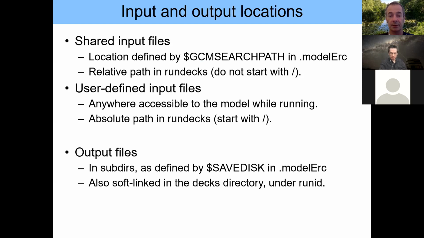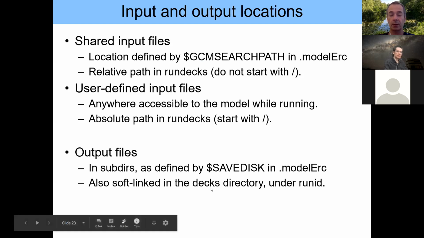So you need to make sure that this save disk is in a place where enough data storage is available. You can always go see the output by going into that directory and following the subdirectories. But also, from the dex directory, a soft link is created to the appropriate directory.